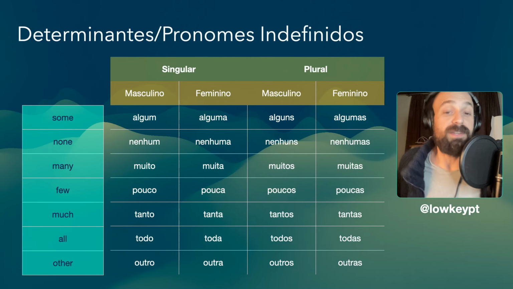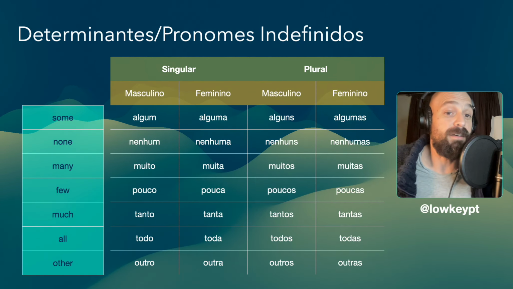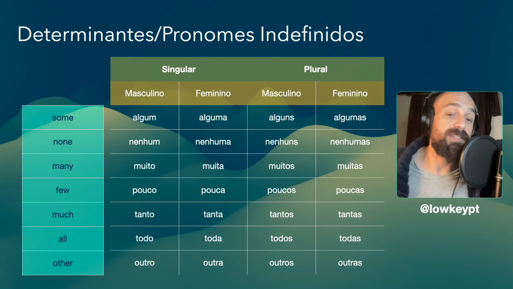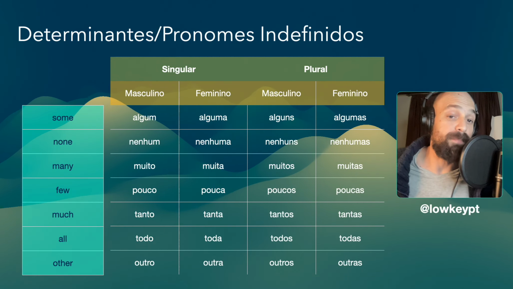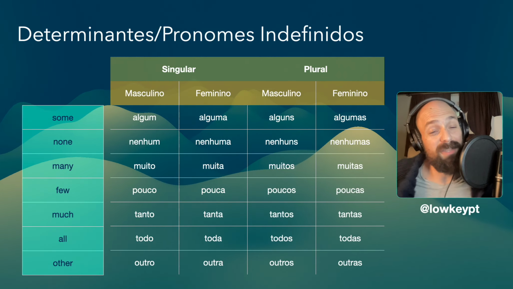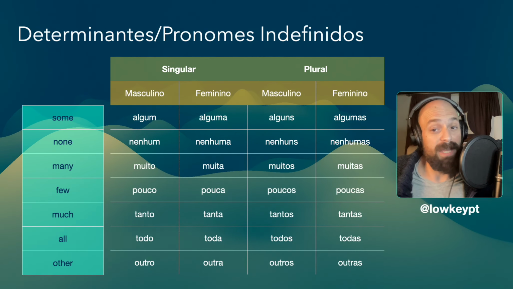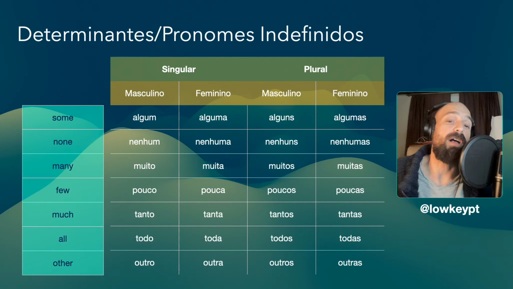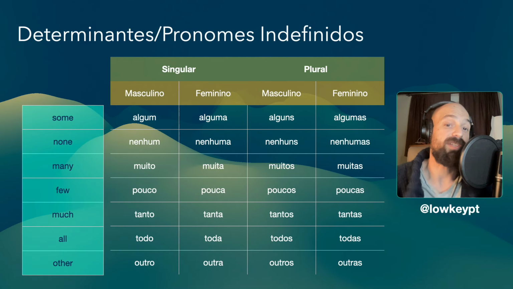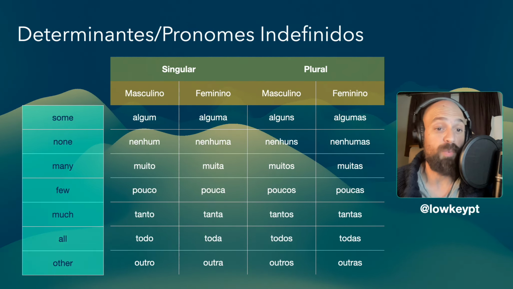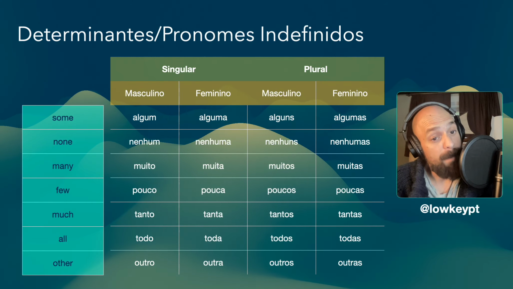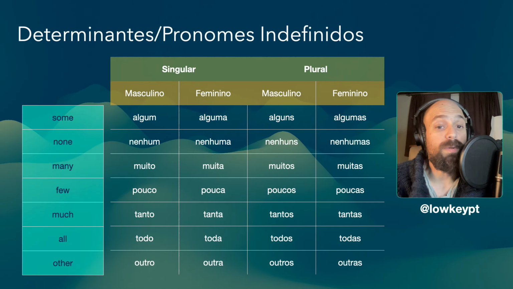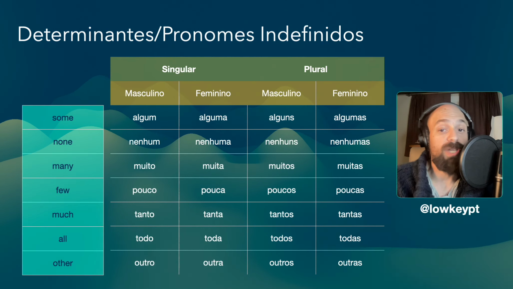So here's the complete list of the determinants, quantifiers, or indefinite pronouns, and we need to think about these with that same matrix of singular and plural in terms of quantity, and also in terms of gender, the masculine and feminine version of each one. So again, some can translate as algum, alguma, alguns, and algumas.